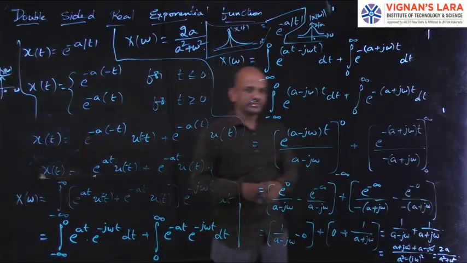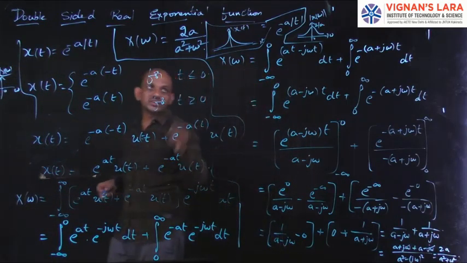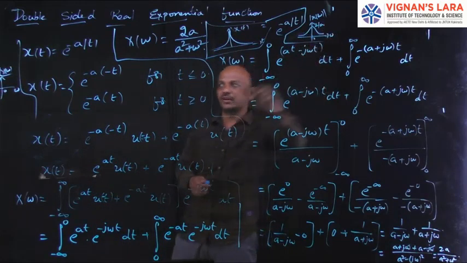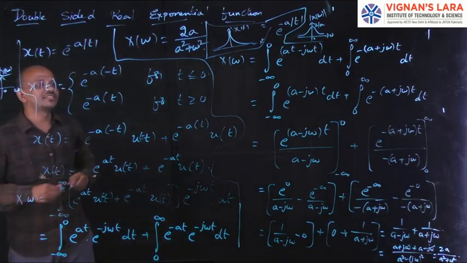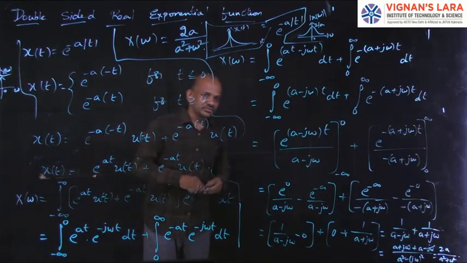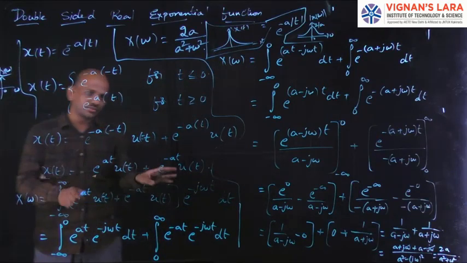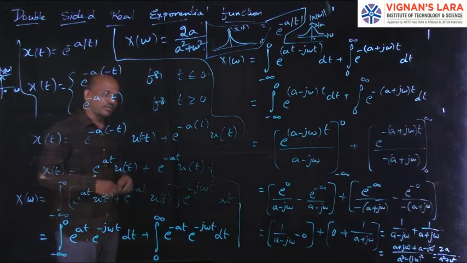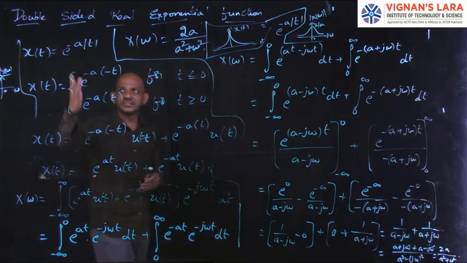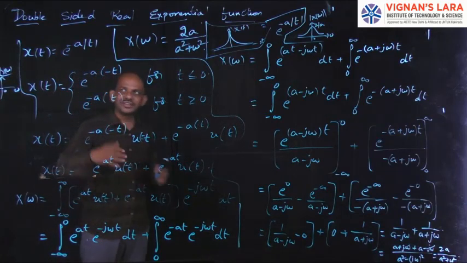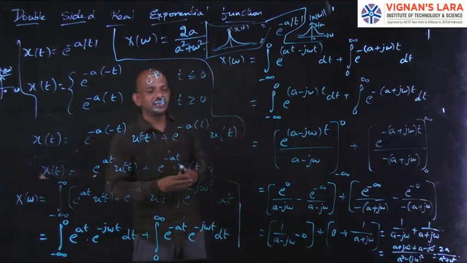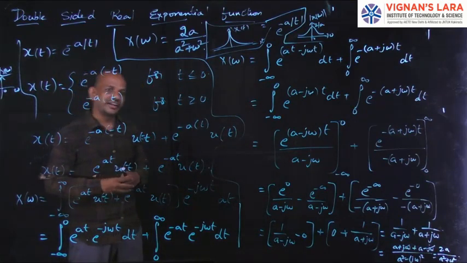So I already explained how to draw the double-sided real exponential function, the magnitude spectrum and the phase spectrum. Practice that at your home for better understanding. With this I am finishing today's class. In this class I went through the Fourier transform of some basic standard signals: first the unit impulse function, then the single-sided real exponential function, and then the double-sided real exponential function.